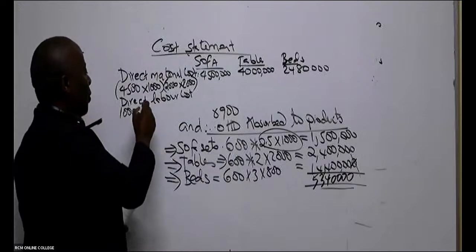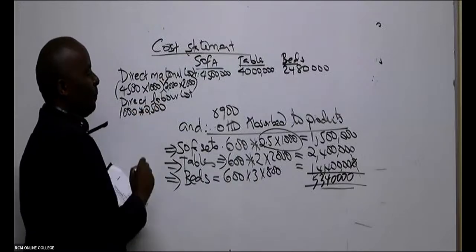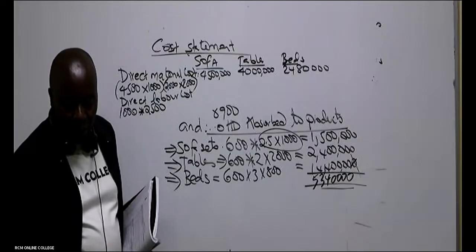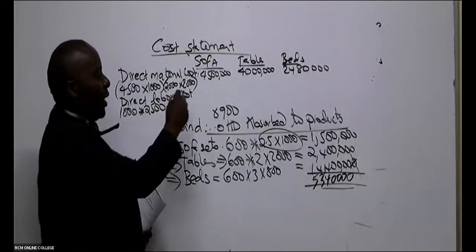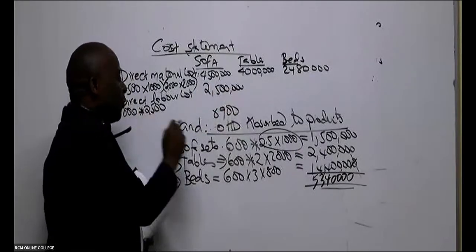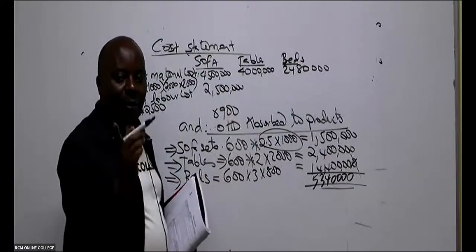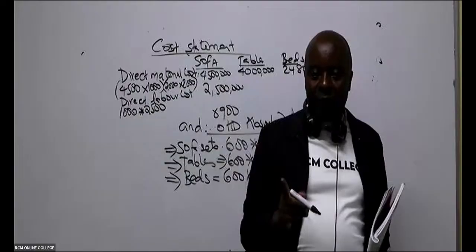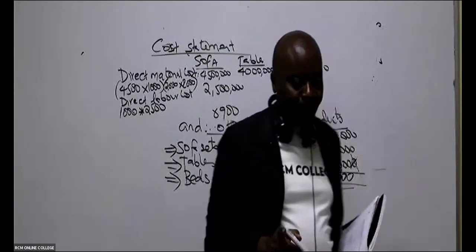So it will be 1,000 times 2,500. I'm able to get those answers from these online ninjas as well. Thank you, but remember, 2.5 is per sofa set. Remember, we are doing a cost statement for the whole company.